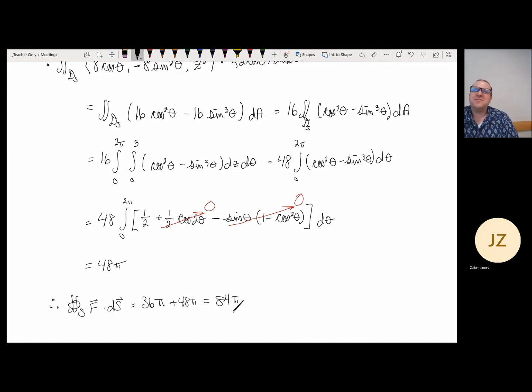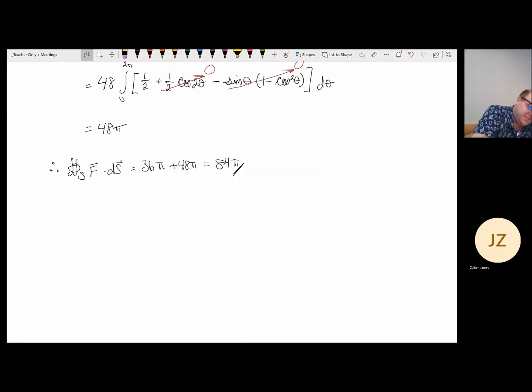Triple integral time. And you're gonna see why I love this theorem so much. So the region that is enclosed by our surface is just a cylindrical region.